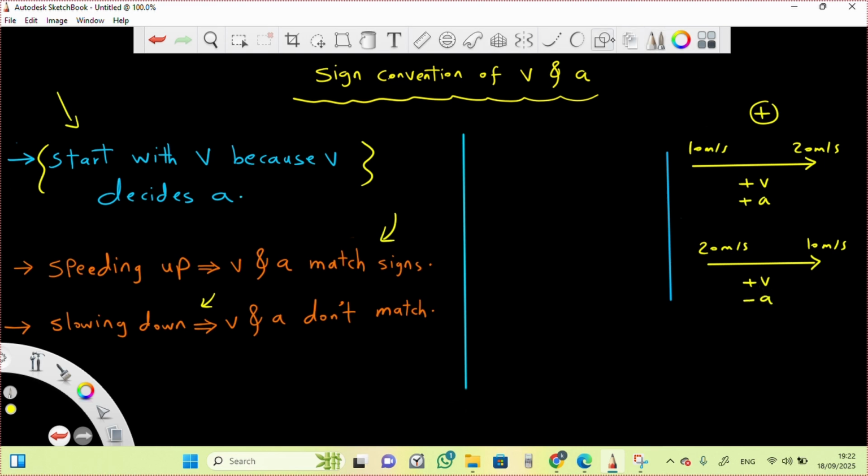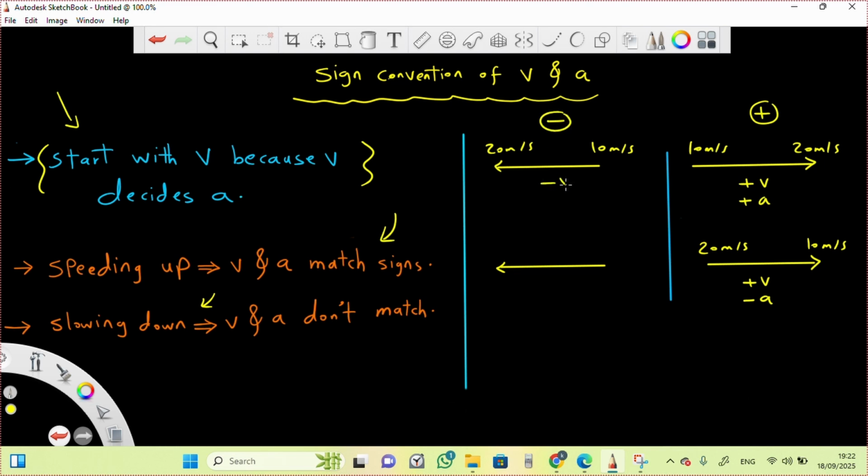Now let's speed up and slow down to the left. As you can see, for example, from 10 meters per second to 20 meters per second, now moving to the left is, by convention, the negative direction.